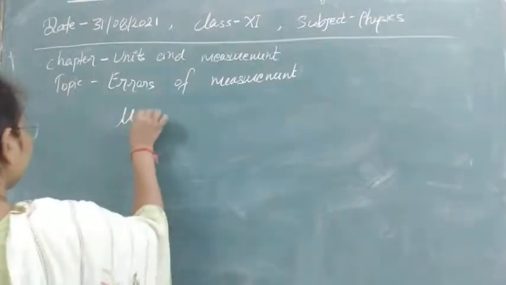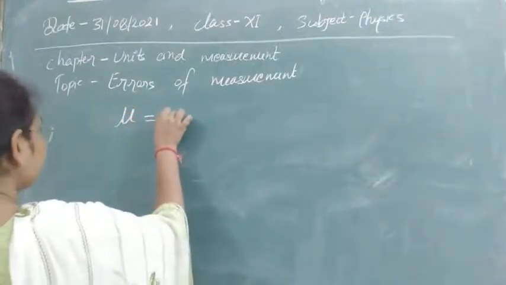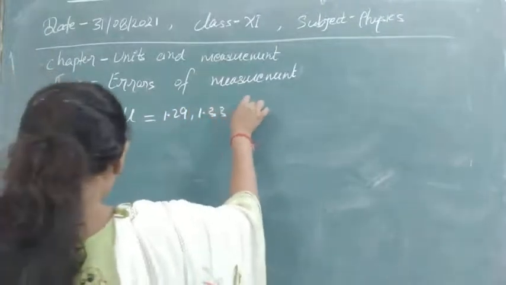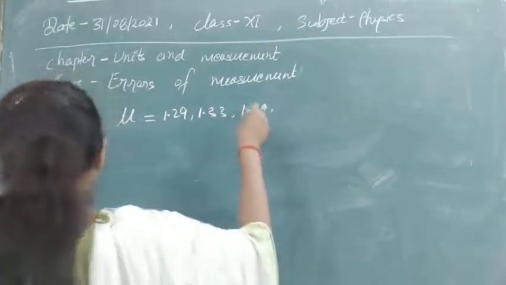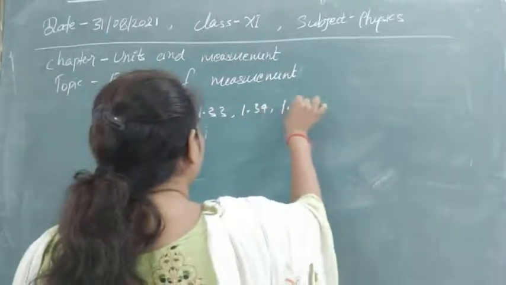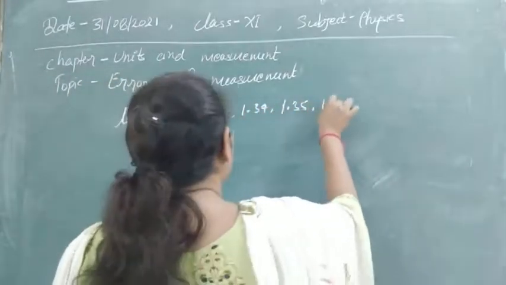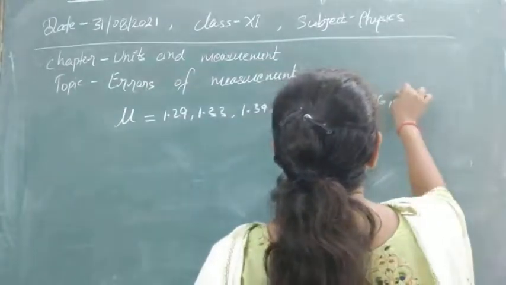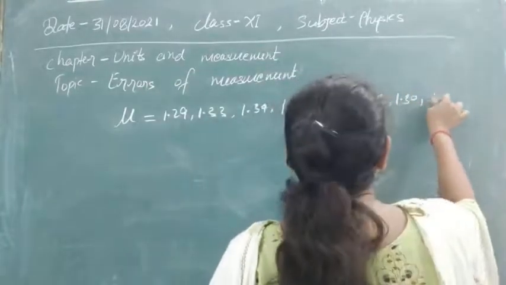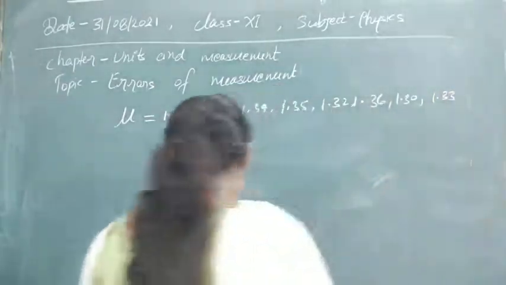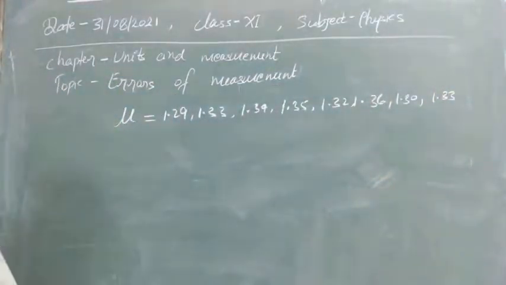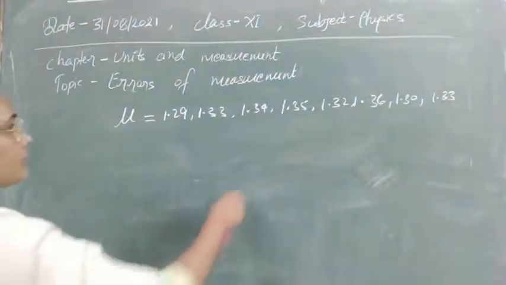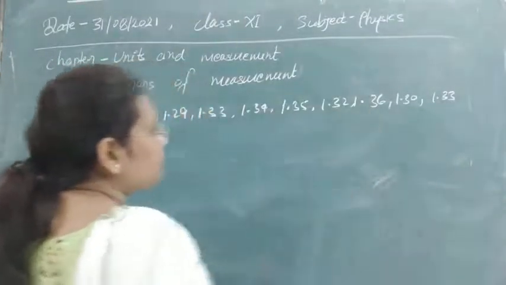We have measured the refractive index a number of times and obtained these values. So these are all our experimental values, and you can see you have done the experiment 8 times.